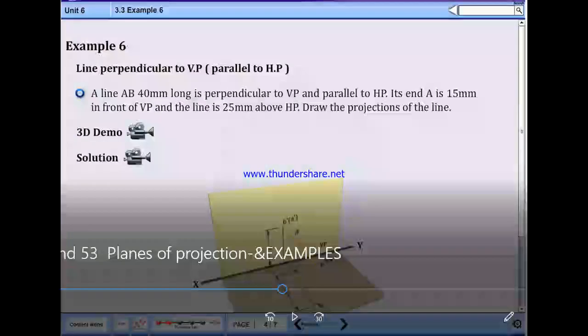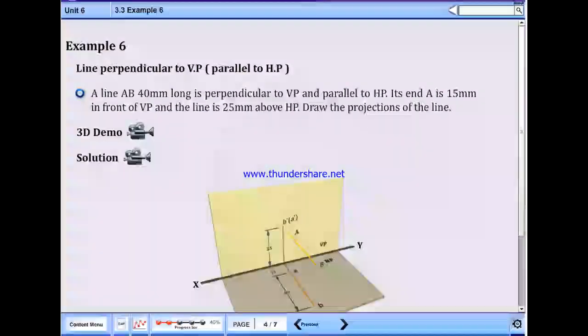Now first note example problem 6, that is line perpendicular to VP and parallel to HP. A line AB 40 mm long is perpendicular to VP and parallel to HP. Its end A is 15 mm in front of VP and the line is 25 mm above HP. Draw the projections of the line.